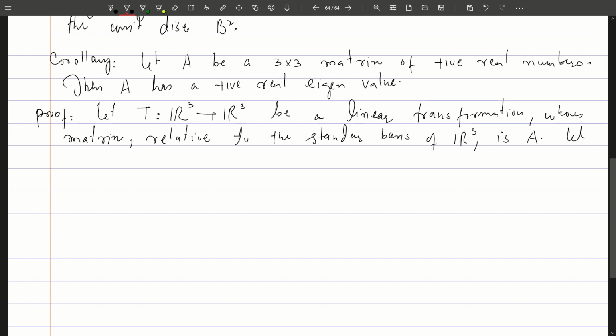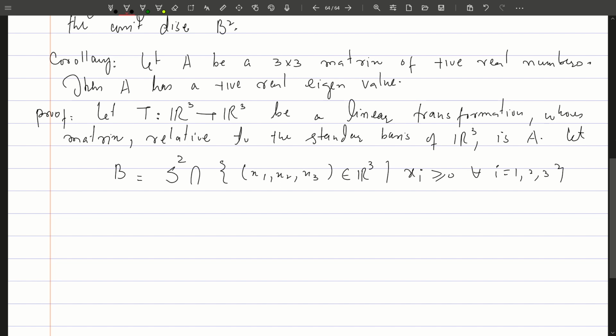Now let us consider B to be the set which is the hollow sphere S2. Let us take its intersection with the first octant, the set of all points in R3 such that xi is bigger or equal to 0 for all i equal to 1, 2, 3.